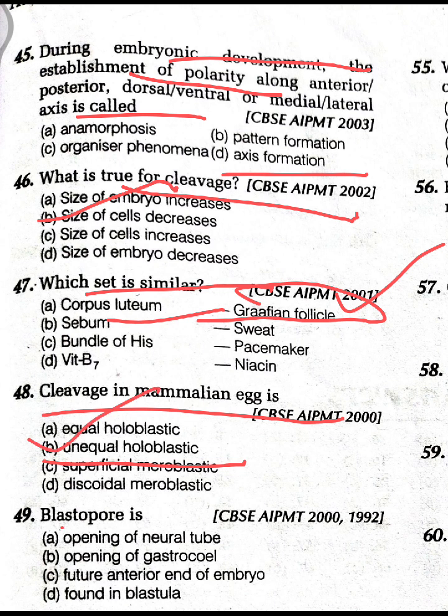Blastopore is an opening of the gastrocoel. Option number B is the right answer. The middle piece of the mammalian sperm possesses mitochondria only. Option number B is the right one. After ovulation, the Graafian follicle regresses into the corpus luteum.